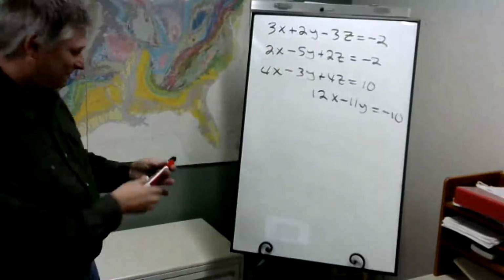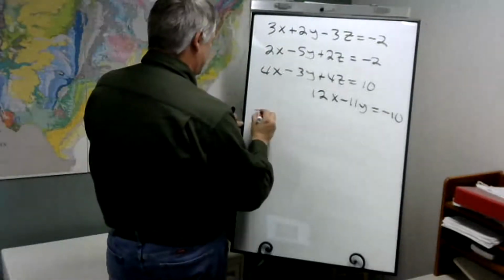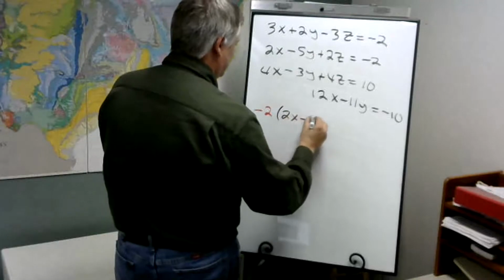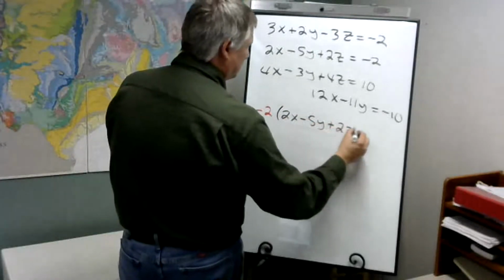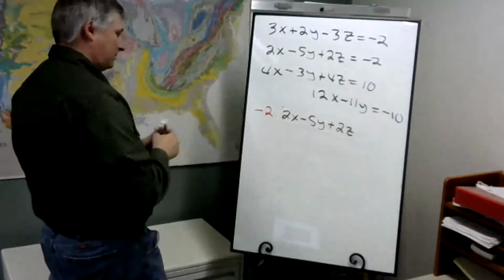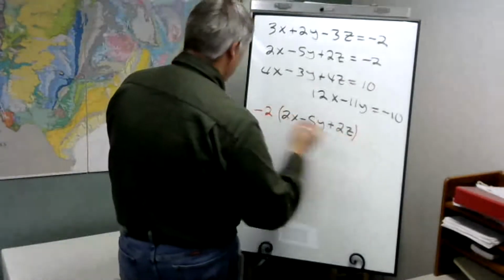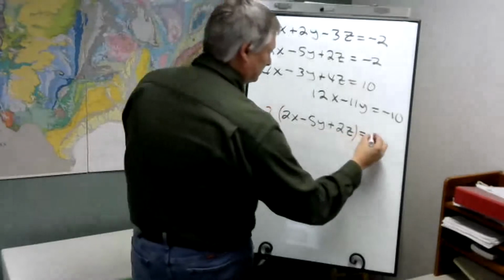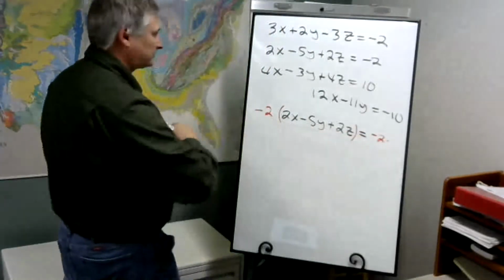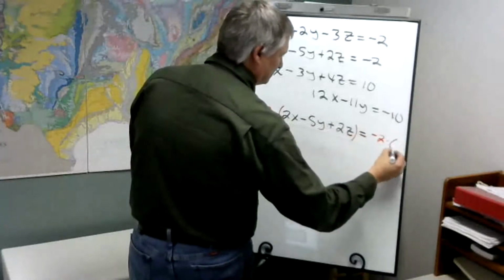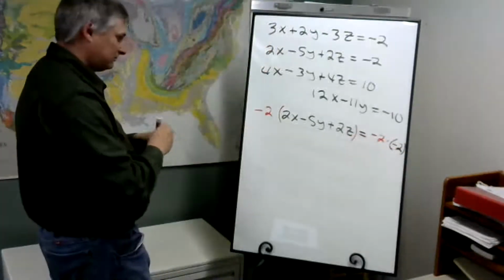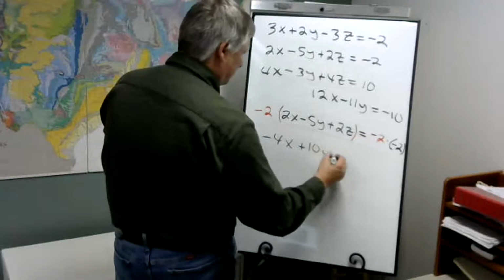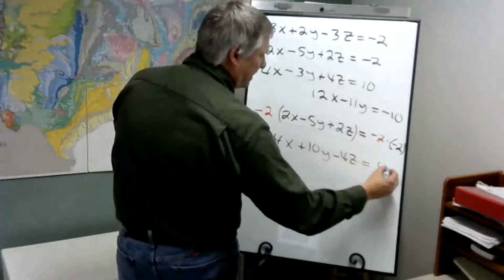So let's try this. So we'll have negative 2x minus 5y plus 2z, and so we'll get negative 4x plus 10y minus 4z equals positive 4.